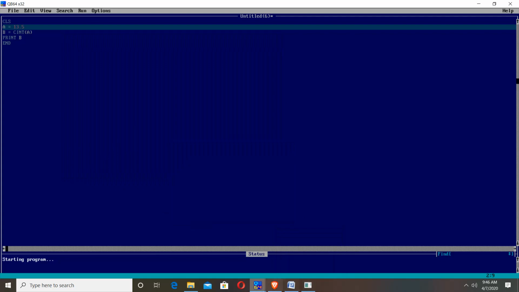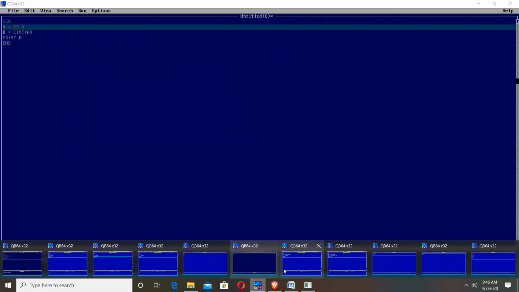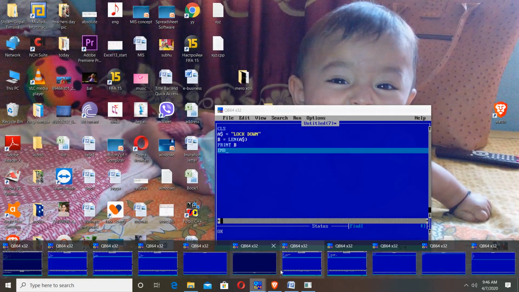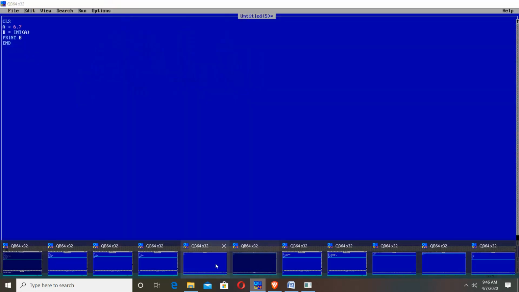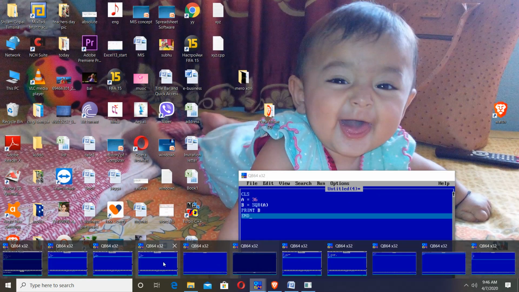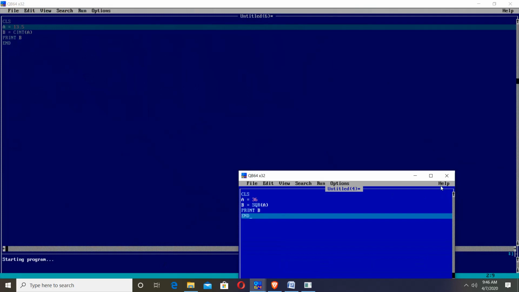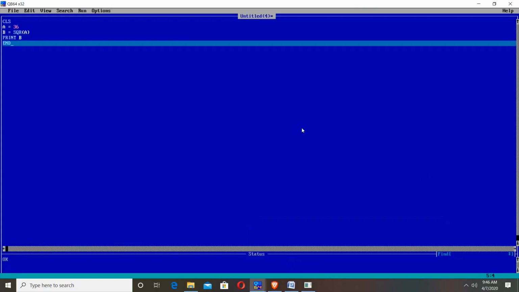Similarly, the next one is SQR. So what is SQR? The SQR function is square root. That means it is used to find the square root of any number.